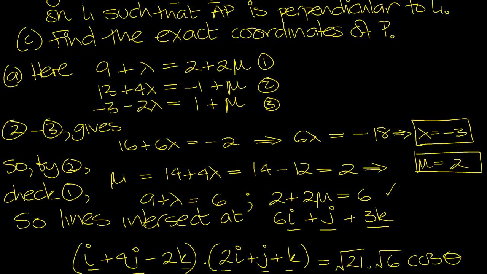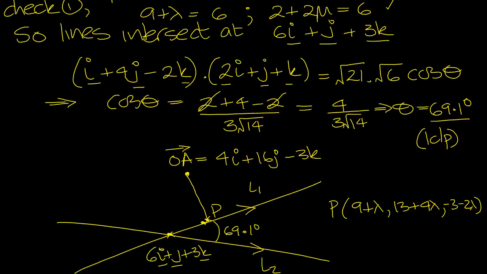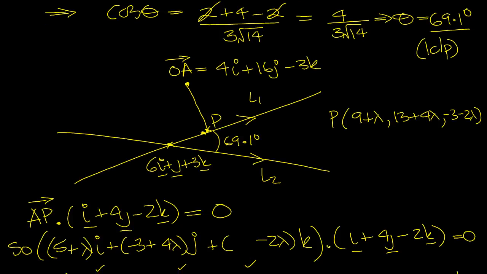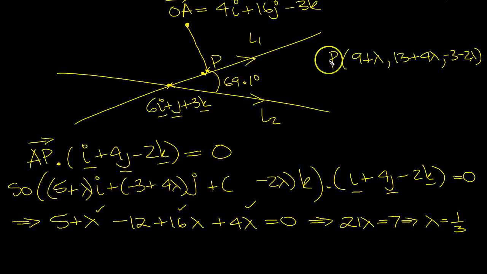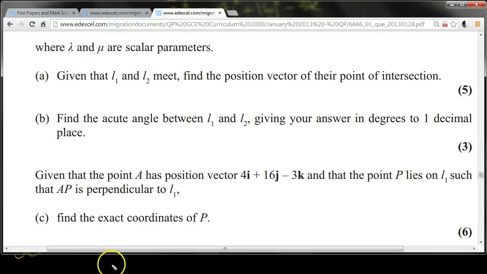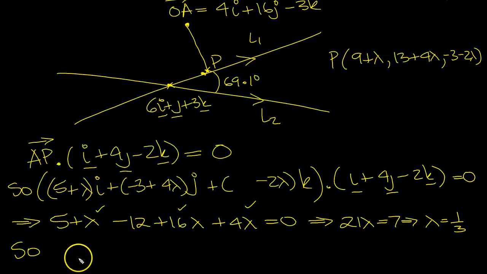Go back up to the problem: find the exact coordinates of P. So here we go then. P has coordinates 9 plus lambda, 9 plus a third is 9 and a third. 13 plus 4 lambda is 13 and 4 thirds, which is 14 and a third.